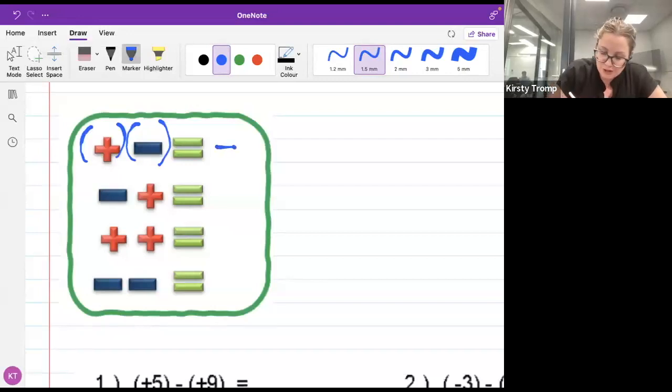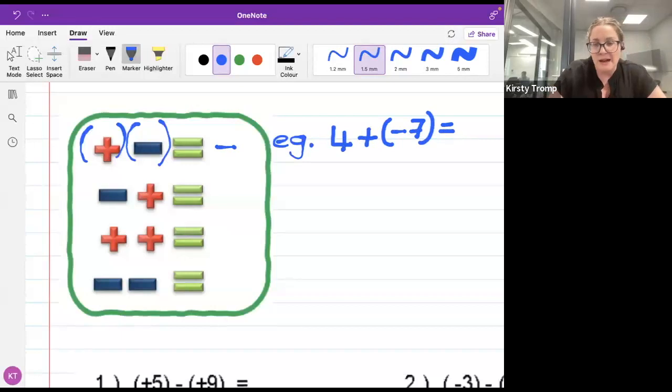So, for example, if I have 4 plus, open brackets, negative 7, what are my steps going to be? Who can tell me my steps? I'm looking for someone's hand. Give me a hand. Who's going to help me out here?